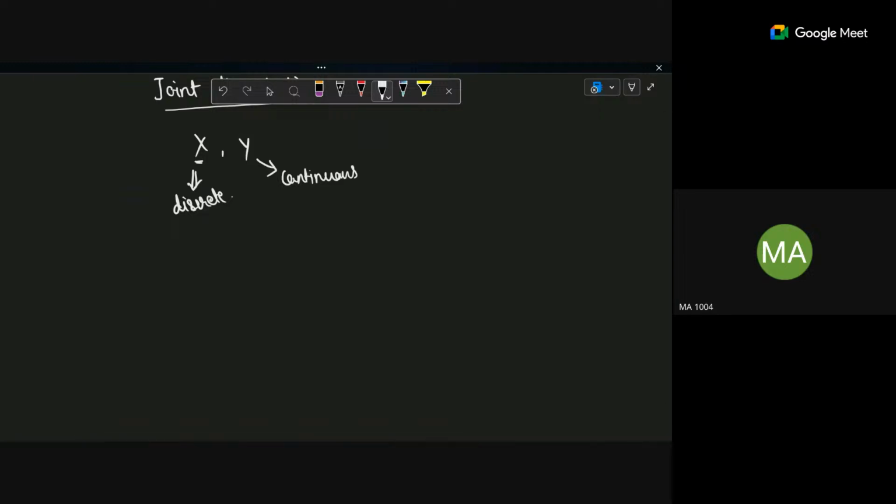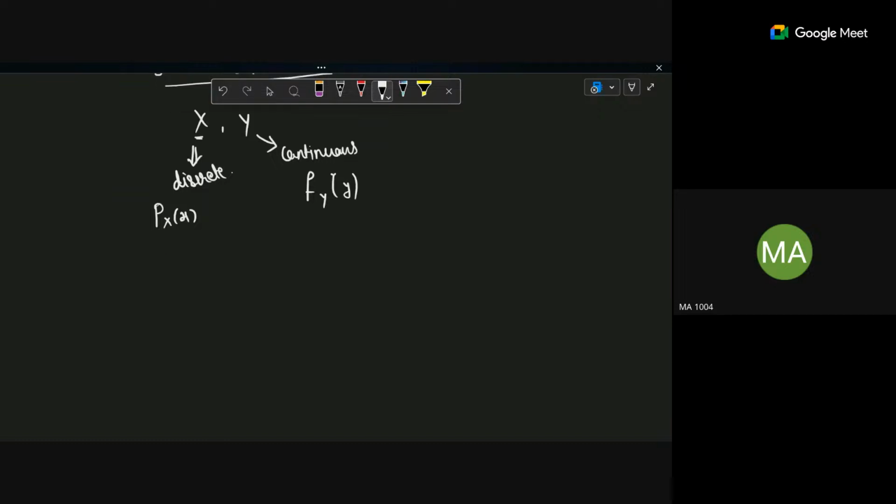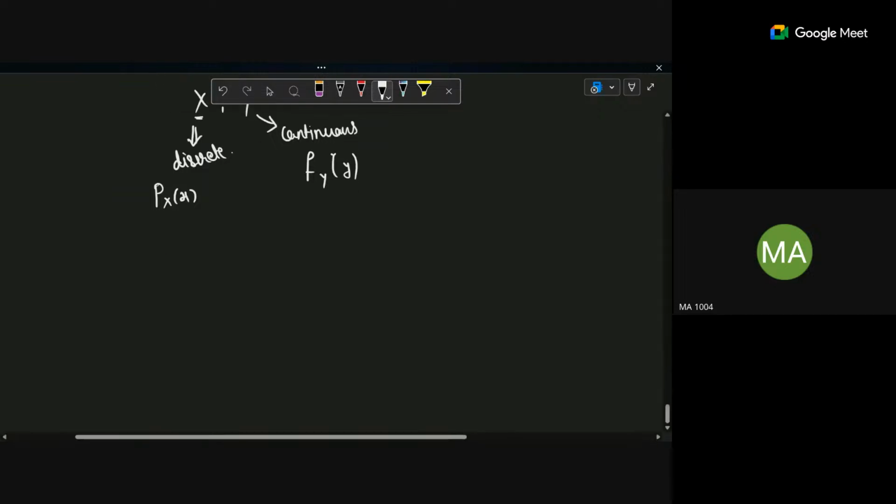x is a discrete random variable. That means there will be PMFs, Px of x. And for continuous we will have PDFs, right? Now, sometimes we will be given situations where the probabilities of y given x taking some value x are given.